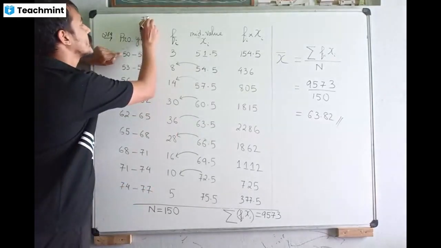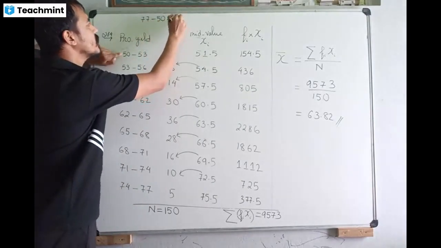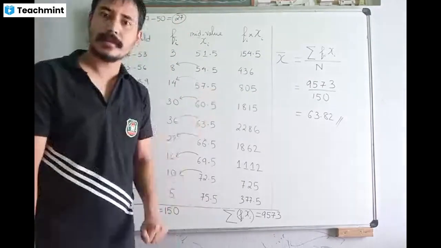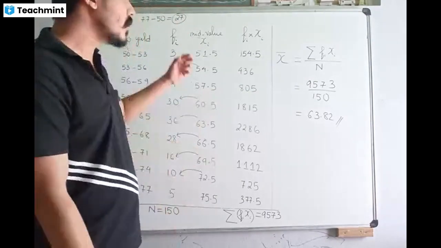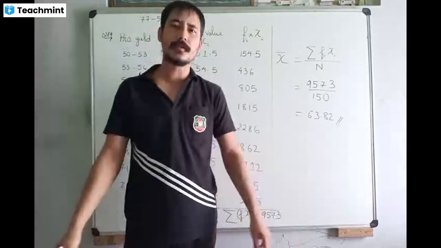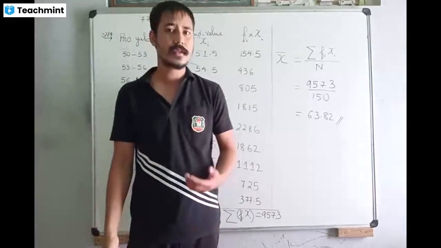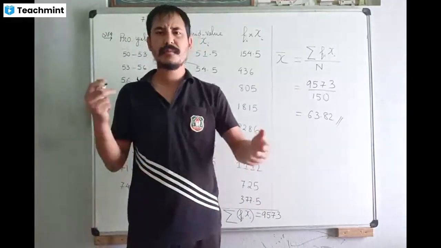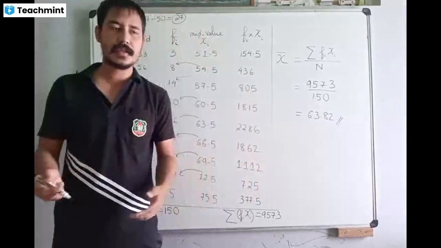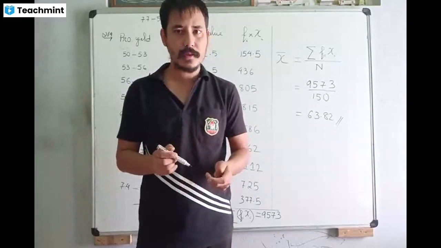It is 77 minus 50, which is only 27. The range is only 27, very small. So we use the direct method. If the range is very large, beyond 100, 200, 1000, we use a more sophisticated method, the step deviation method. But if the range lies somewhere like 50, 60, 70, then we use the direct method.